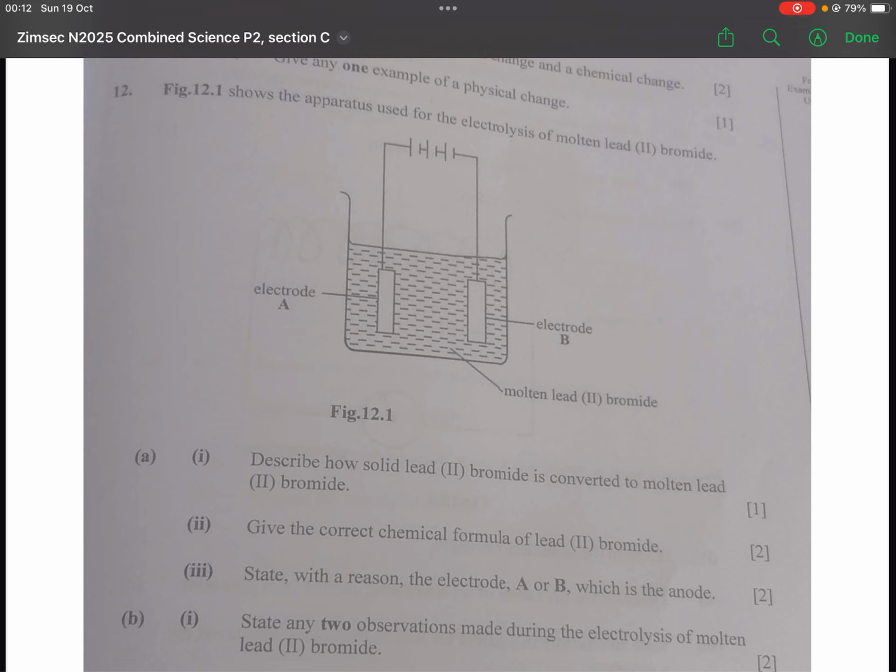So for us to have a liquid from a solid, this is going to occur through the process of heating. So we need to explain about heating here.